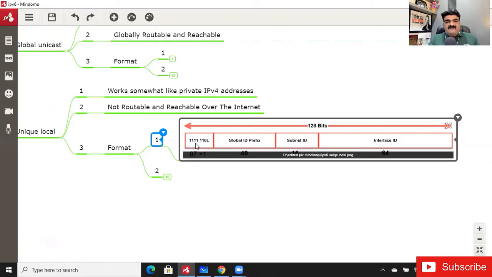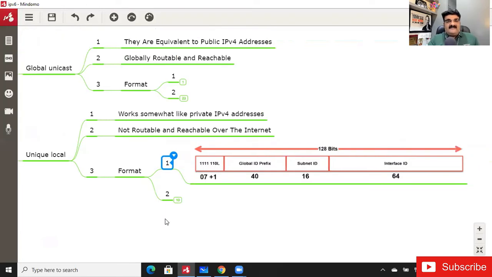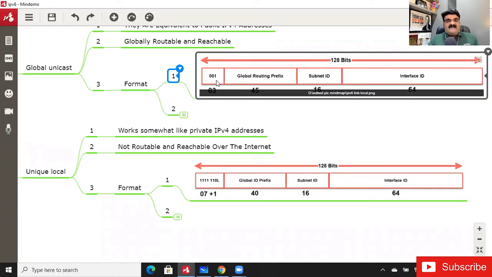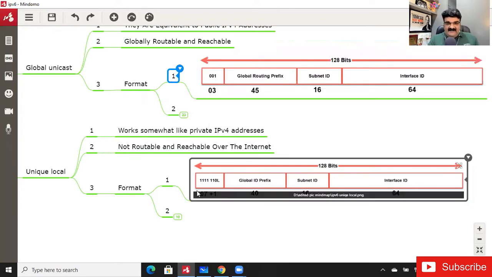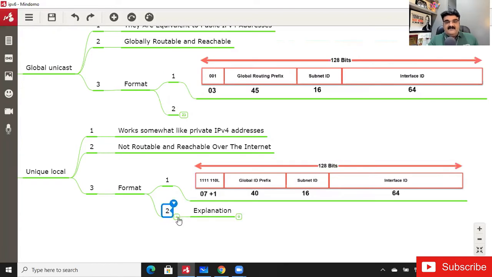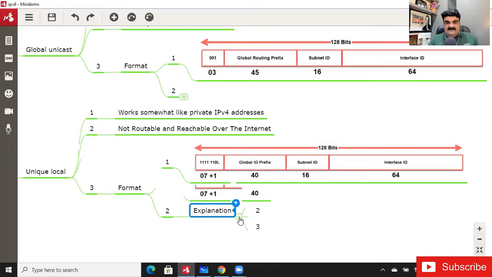It is the same as the global unicast, where the first 3 bits are decided. If the first 3 bits are 001, then the given IP address is a global unicast address. In the same way, if the first 7 bits are 1111110, then it is a unique local IP address.